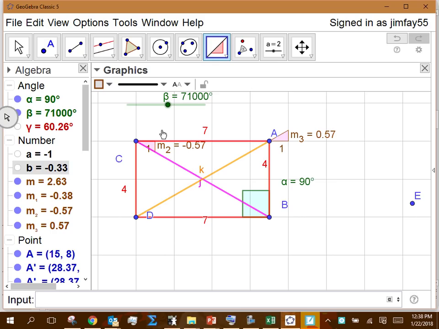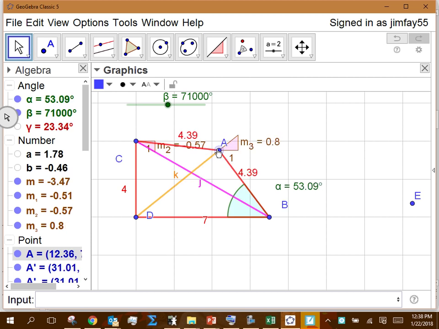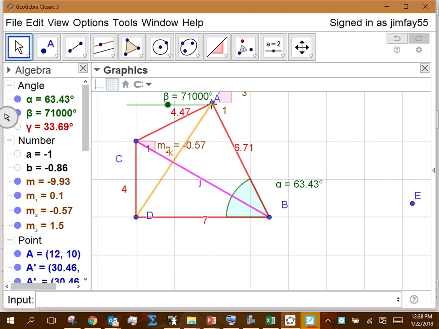But when I take this shape and start to move it around a little bit, let's see if I can get a rhombus.